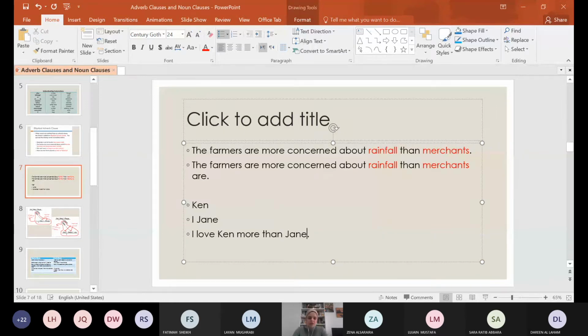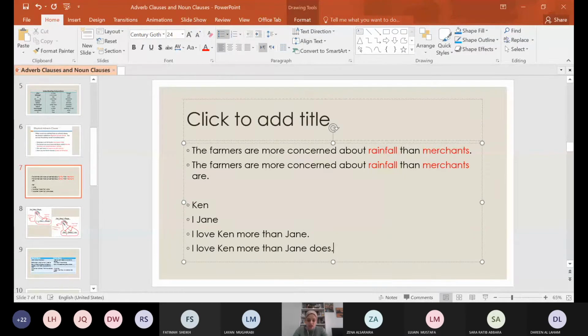So there we are three: I, Ken, and Jane. I love Ken more than Jane. So I love both, but I love Ken more. What if I said I love Ken more than Jane does?